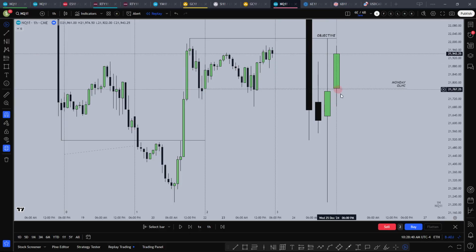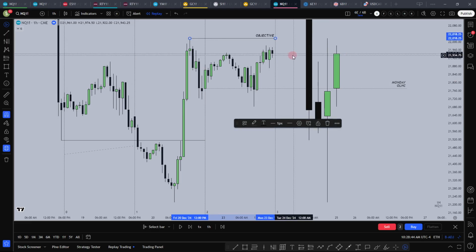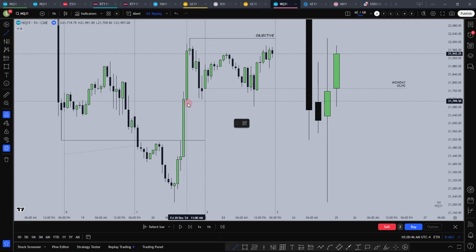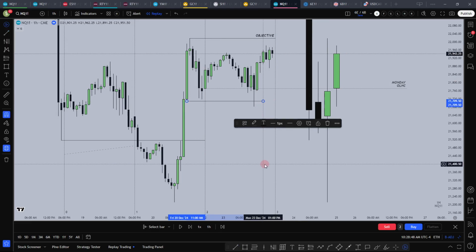I can see open, low, move away, relevant level being hit.